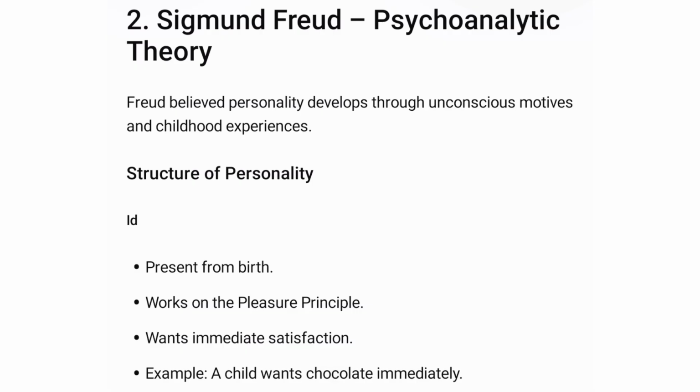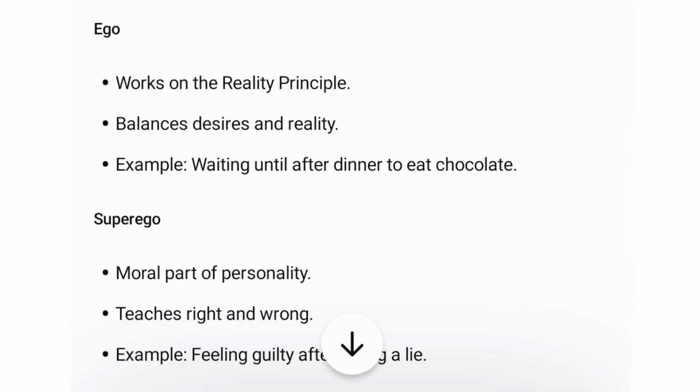Example: a child wants chocolate immediately. The ego works on the reality principle, balancing desire and reality. Example: waiting until after dinner to eat chocolate. And the superego, the moral part of personality, teaches right and wrong. Example: feeling guilt after a lie.